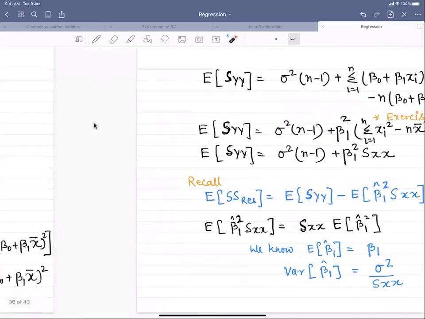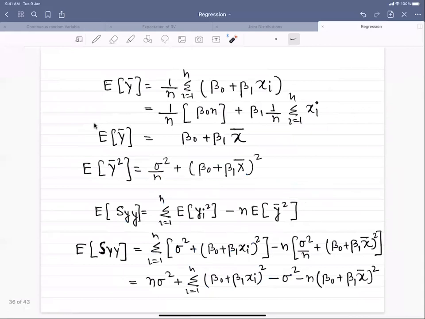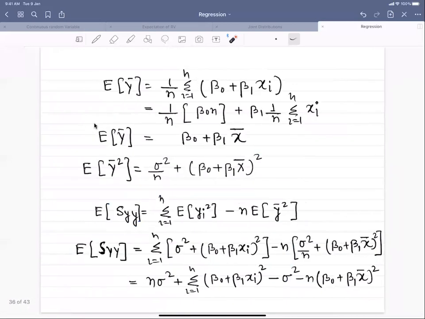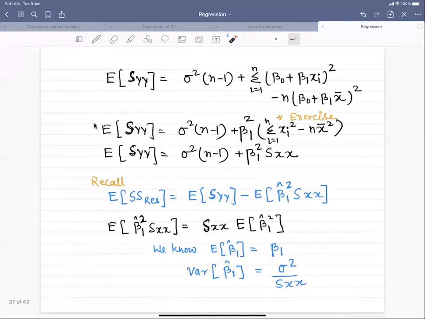So sigma square will come common between these terms, and it will be sigma square times n minus 1. The other term will be the summation over i from 1 to n of beta naught plus beta 1 xi whole square, minus n times beta naught plus beta 1 x bar whole square.